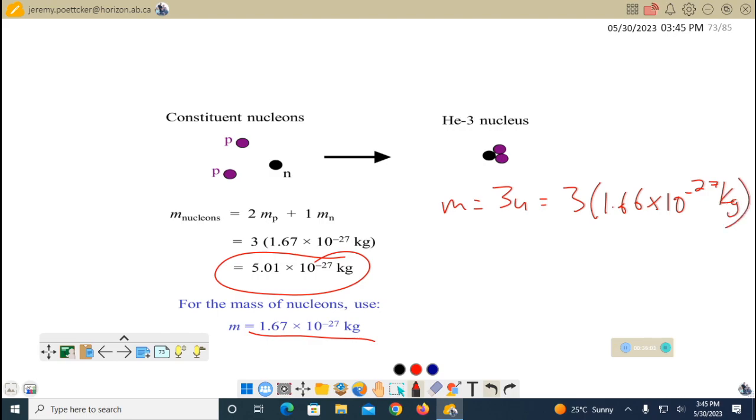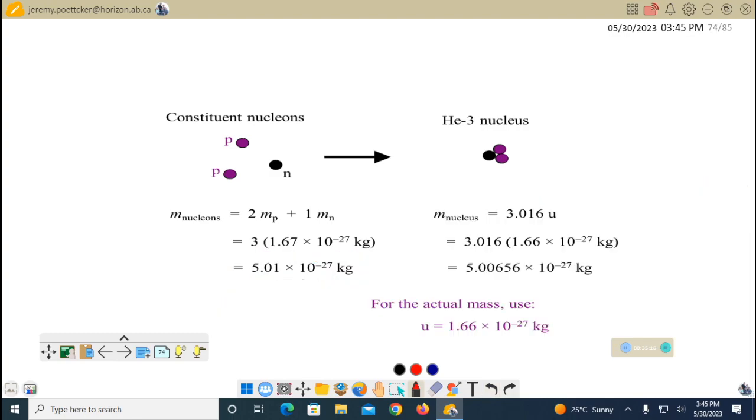I think you can see that the value with the 1.67 is going to be slightly bigger than the value with the 1.66. And indeed they are, not by much. They'd round to the same, but we're not going to round.